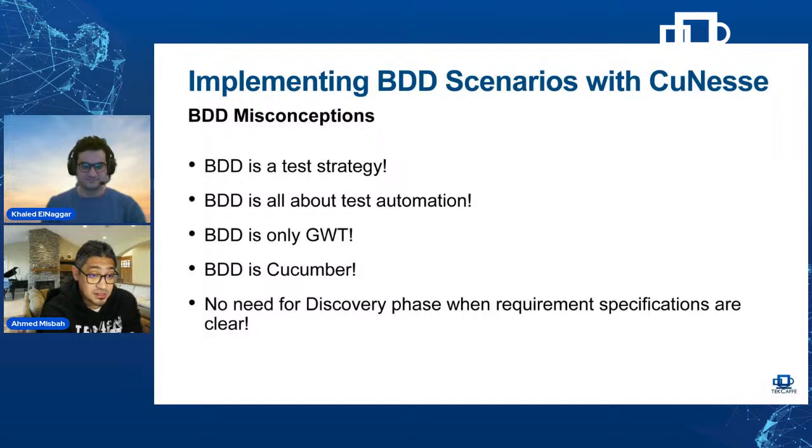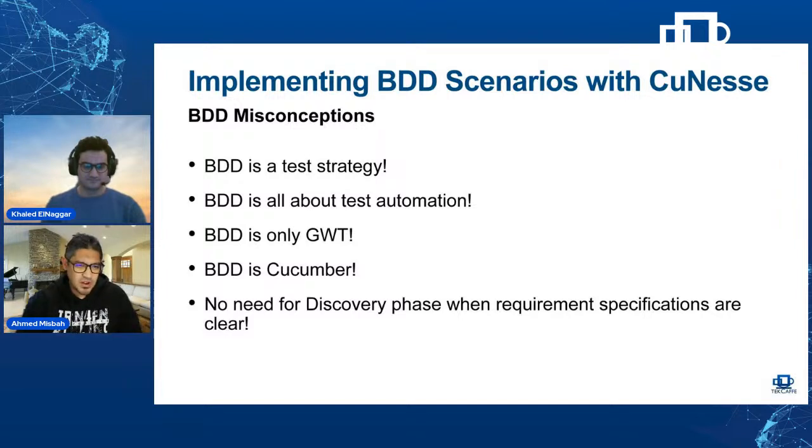The third misconception is the most popular one, if that's the right term to use. BDD is only GWT. So in a lot of teams, they are writing their test scenarios using given, when, then, but there is no discovery, there is no Gherkin gang, there's no test automation, there's no living documentation, and they say that's fine, it's still BDD.